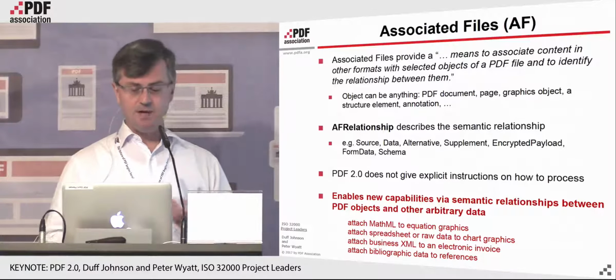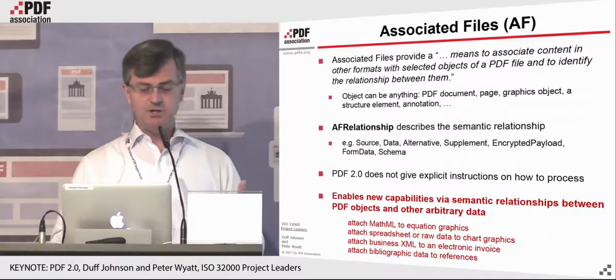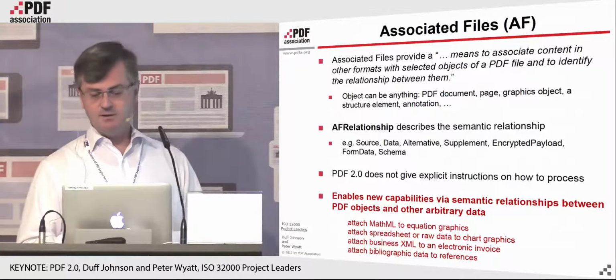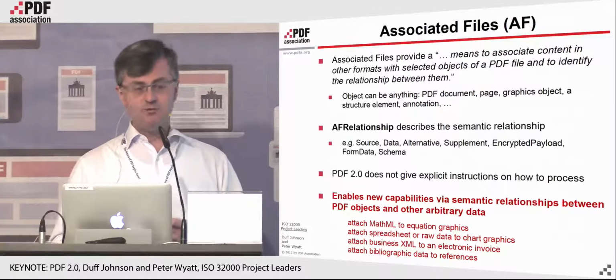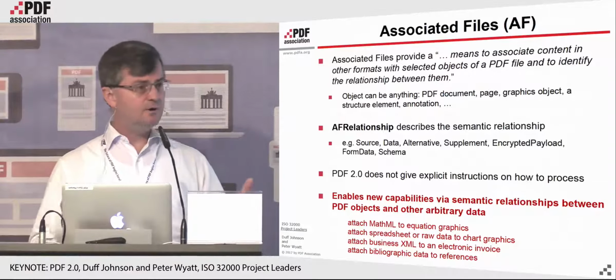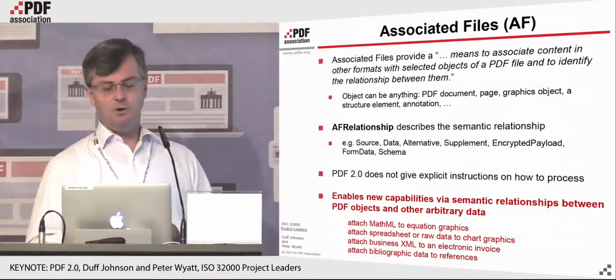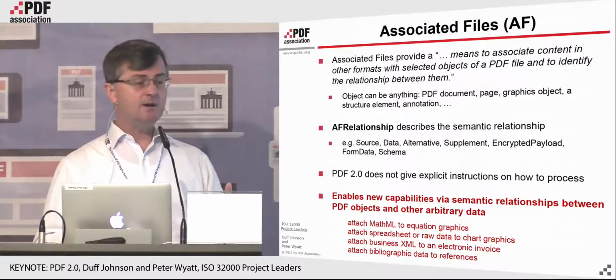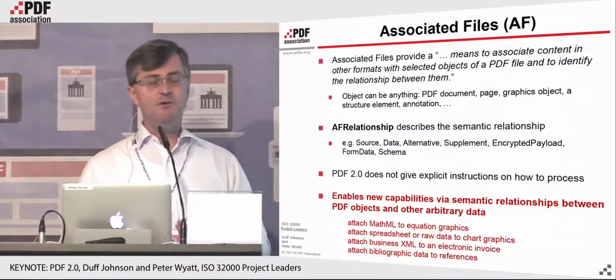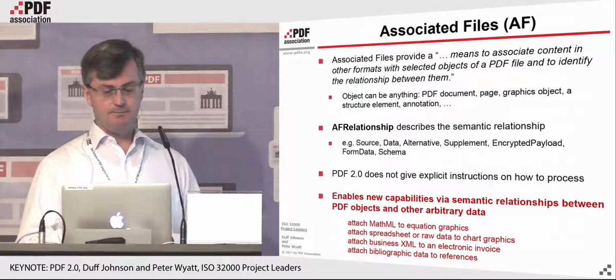So we can attach MathML to an equation, a spreadsheet or raw data to a graphic, business XML to an electronic invoice, which is how Zugferd, I probably pronounced that badly, works, or maybe even bibliographic data to references. There are lots of opportunities here for you to be creative with this feature.